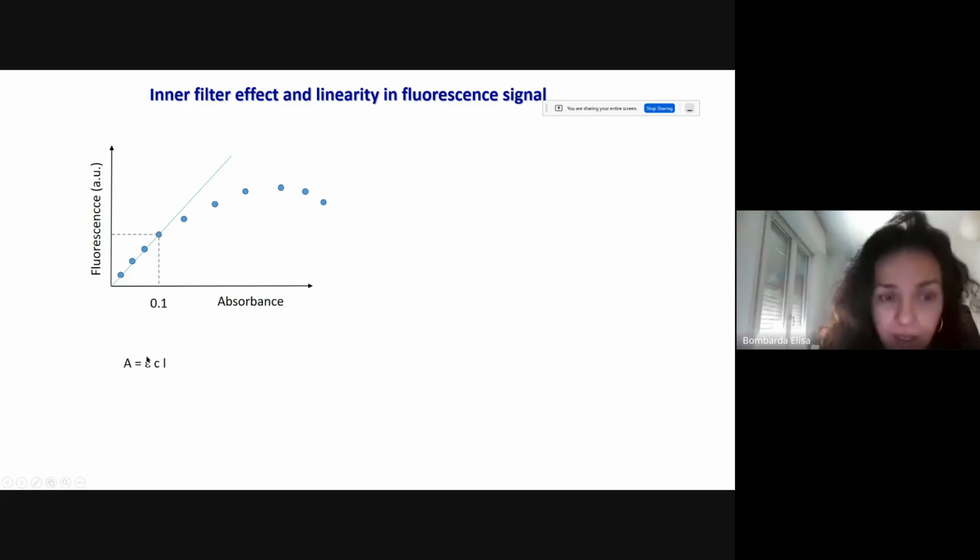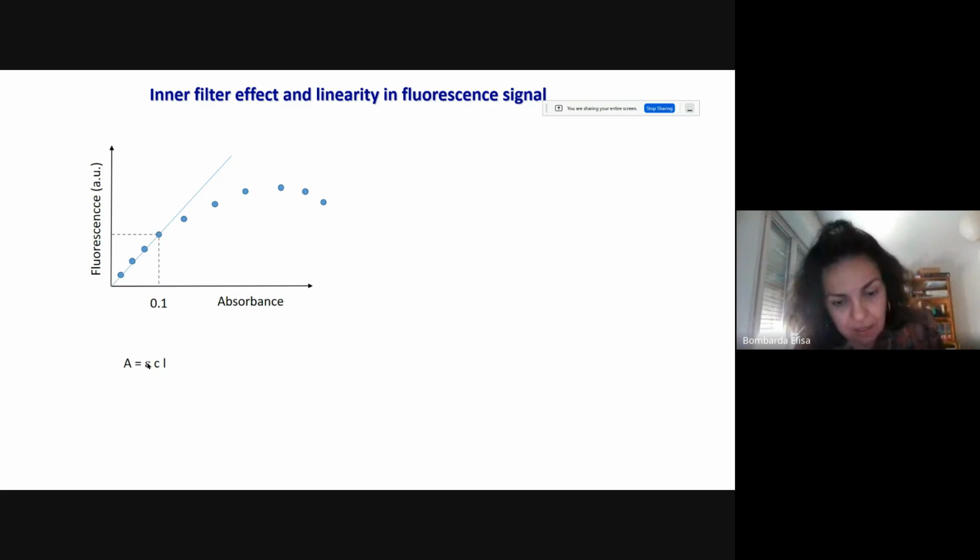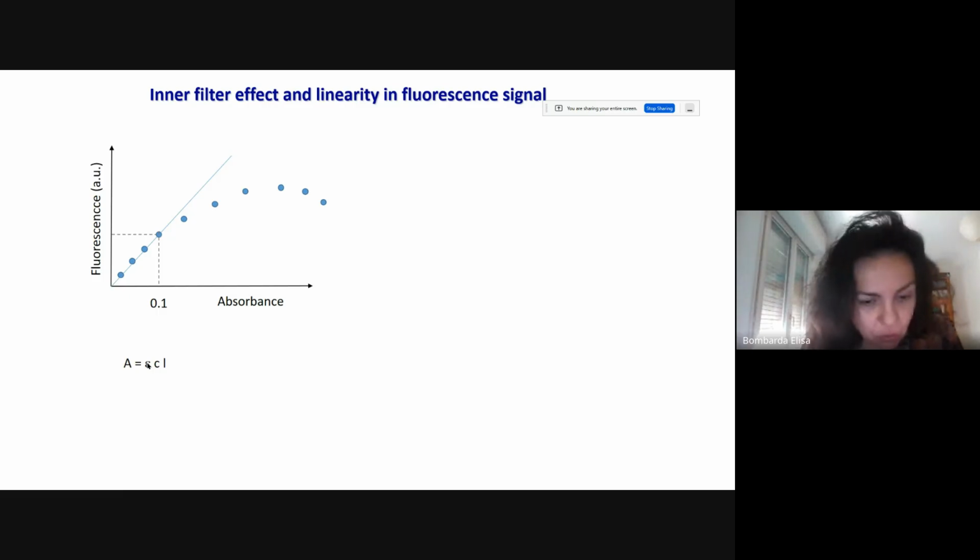So if you have a fluorophore that absorbs very much, that has a very high extinction coefficient, then even at low concentration you enter the troubles of the inner filter effect, because you lose photons in the first millimeter of your cuvette.